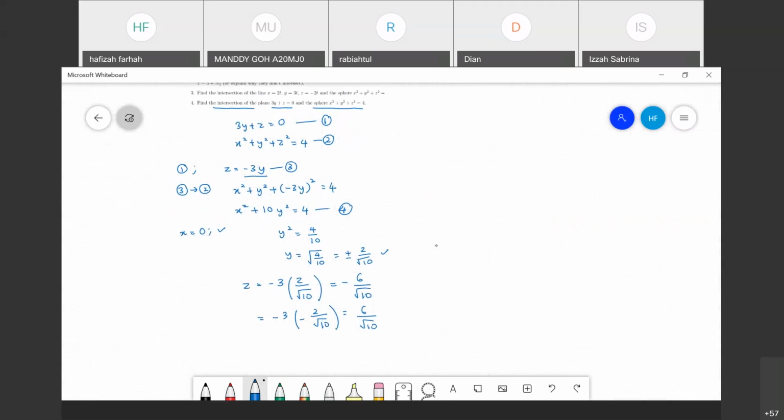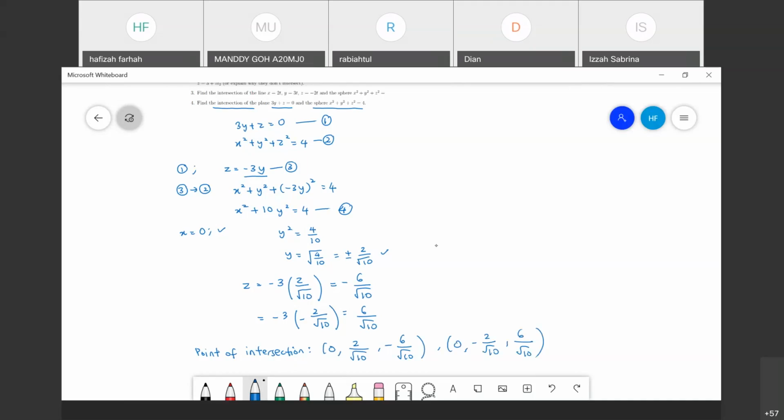So now we have the points of intersection. The first one will be 0, then y is, for positive, 2 over square root of 10, and z will be negative 6 over root 10. Or it can be 0, y is negative 2 over root 10, and z will be 6 over root 10.